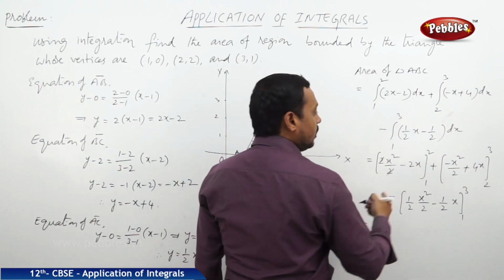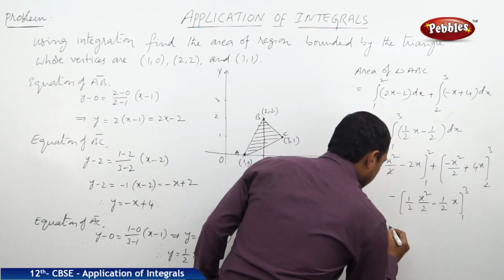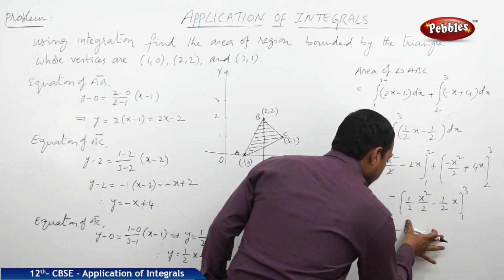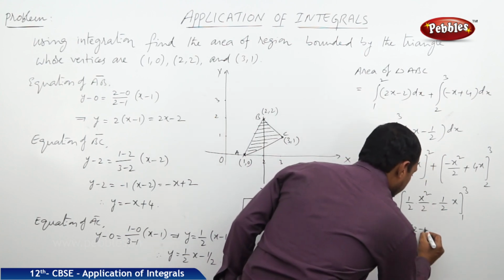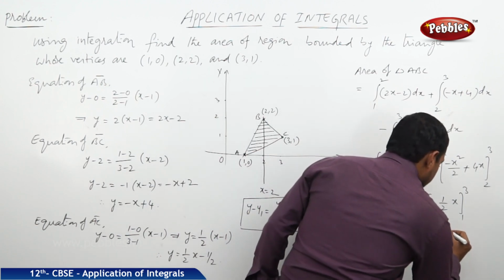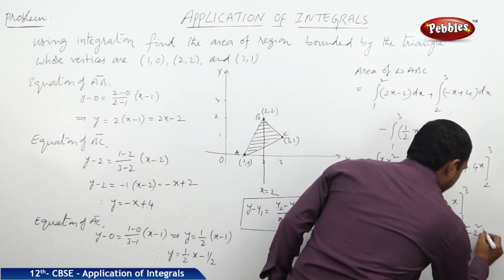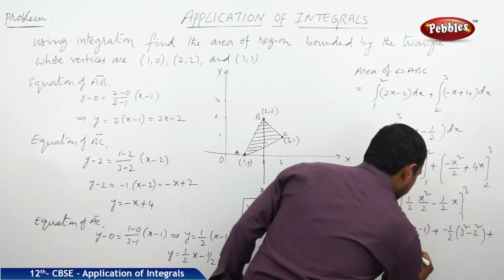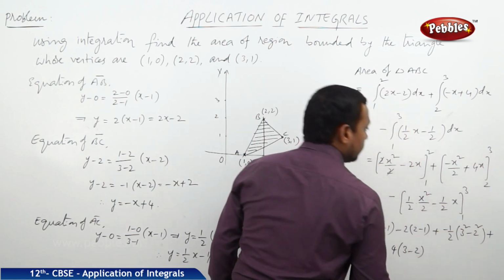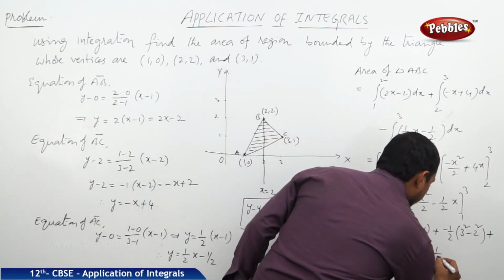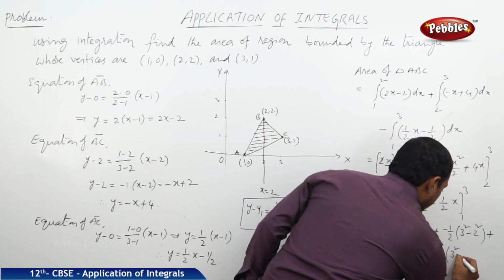Now clearly 2 cancels here. Substitute upper limit 2 square 4 minus 1, minus of 2 into, substitute upper limit and lower limit at a time, 2 minus 1, plus minus 1 by 2 into x square, 3 square minus 2 square, plus 4 into, substitute upper limit here 3 minus lower limit 2, minus of 1 by 4 into x square, substitution of upper limit 3 square minus 1 square.